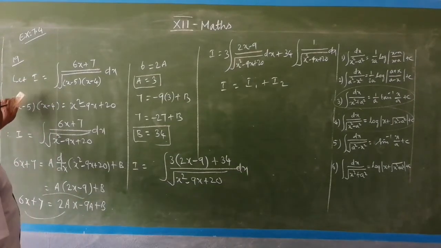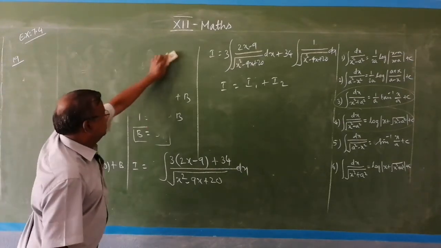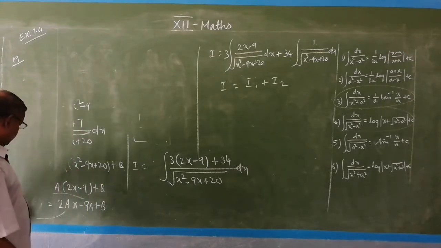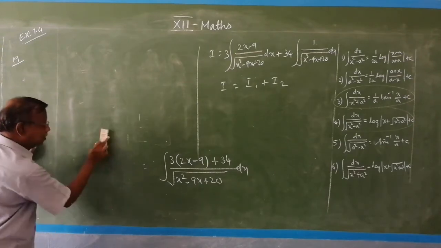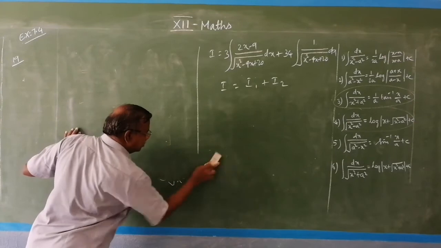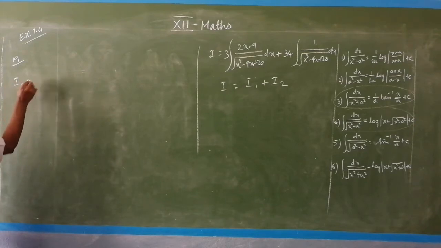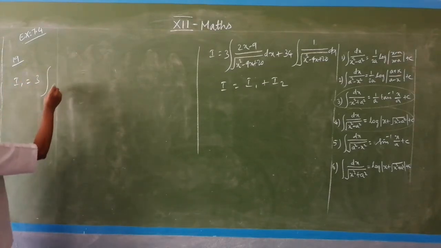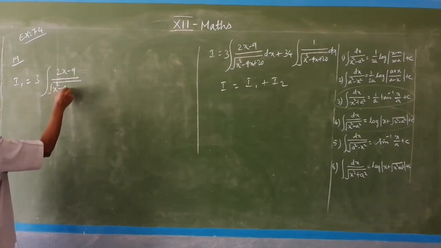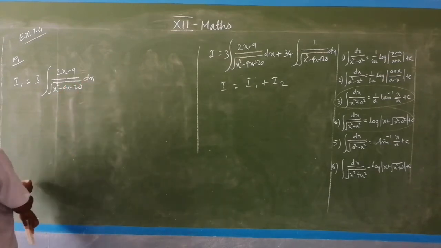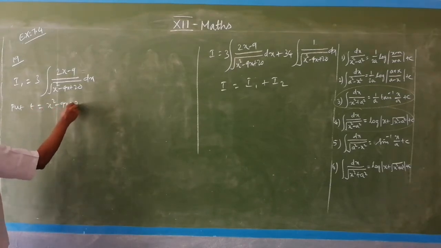Now, I1 equal to 3 into integral of (2x minus 9) divided by root of x square minus 9x plus 20 into dx. So, take the denominator as t, that is x square minus 9x plus 20.